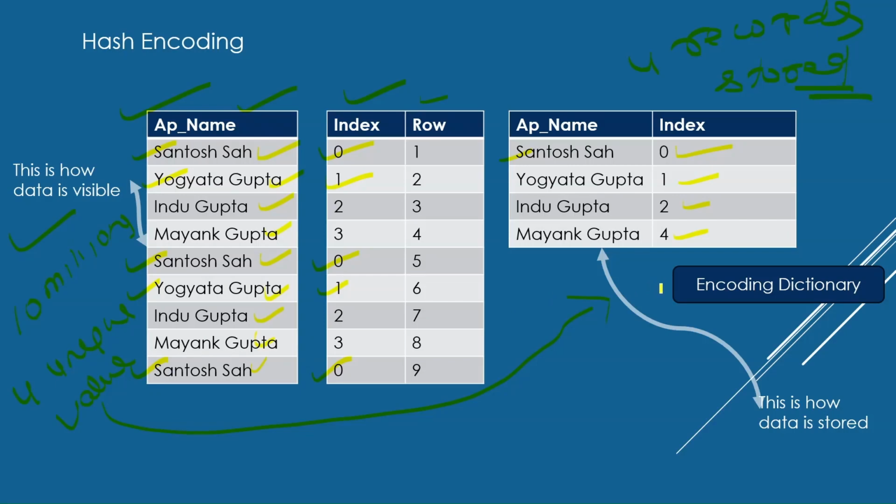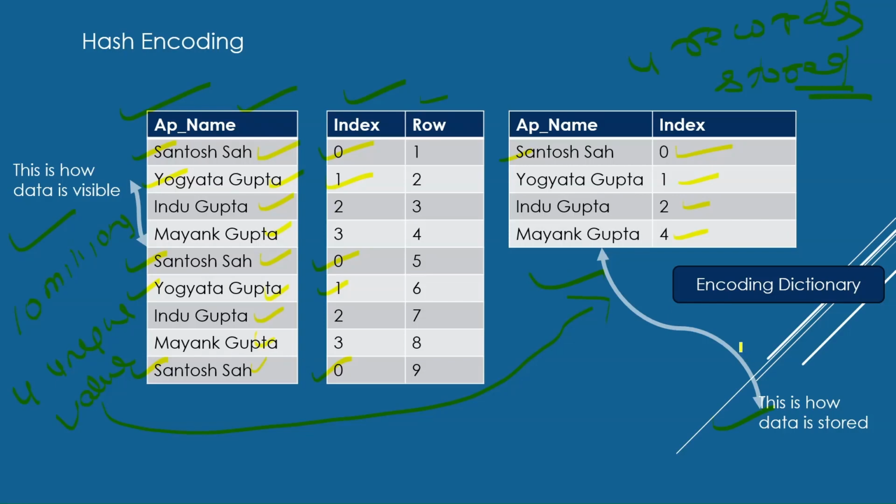This hash encoding can also be known as dictionary encoding, because the encoding happens with the help of a dictionary. And this is how the data is stored.